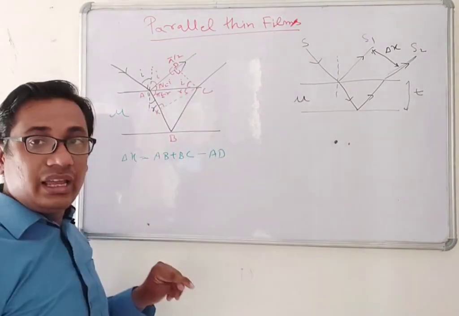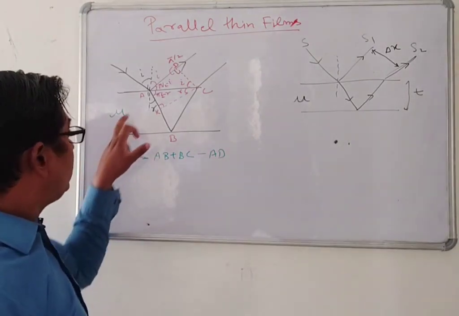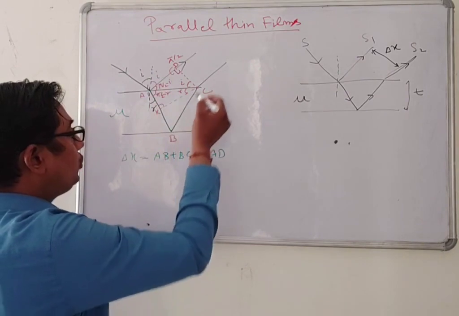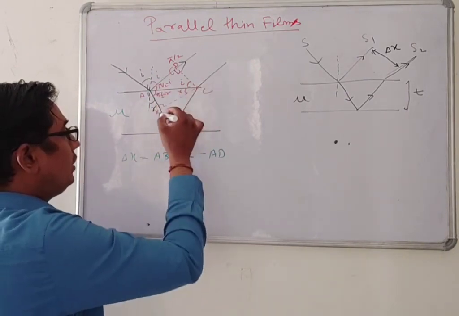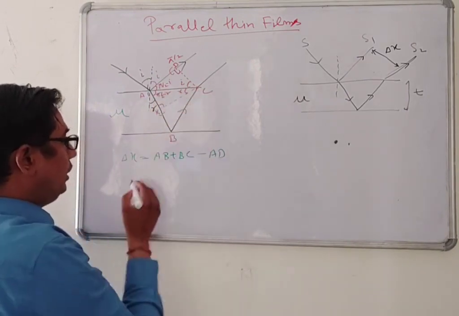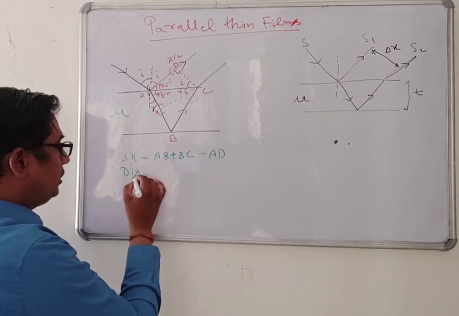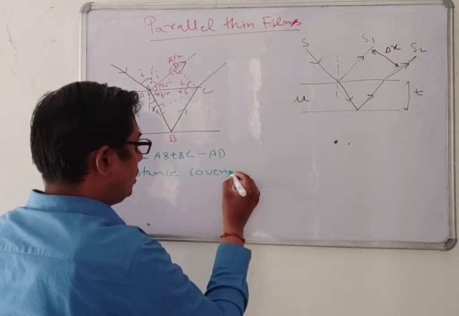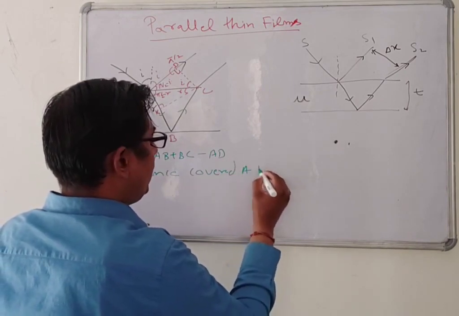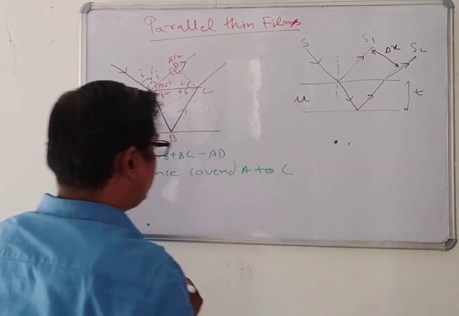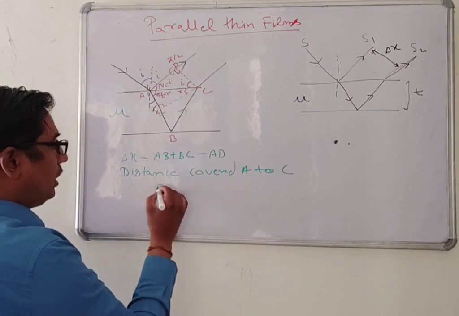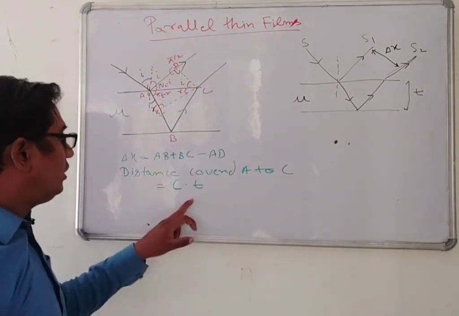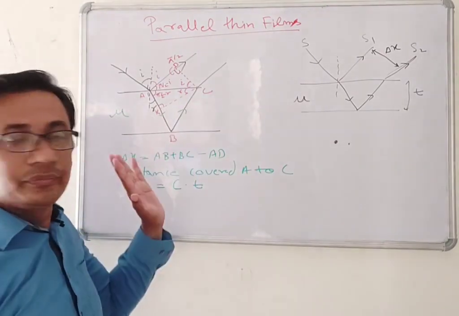Consider the distance covered from A to C: C is the velocity of light, multiplied by t, where t is the time taken from here to here.